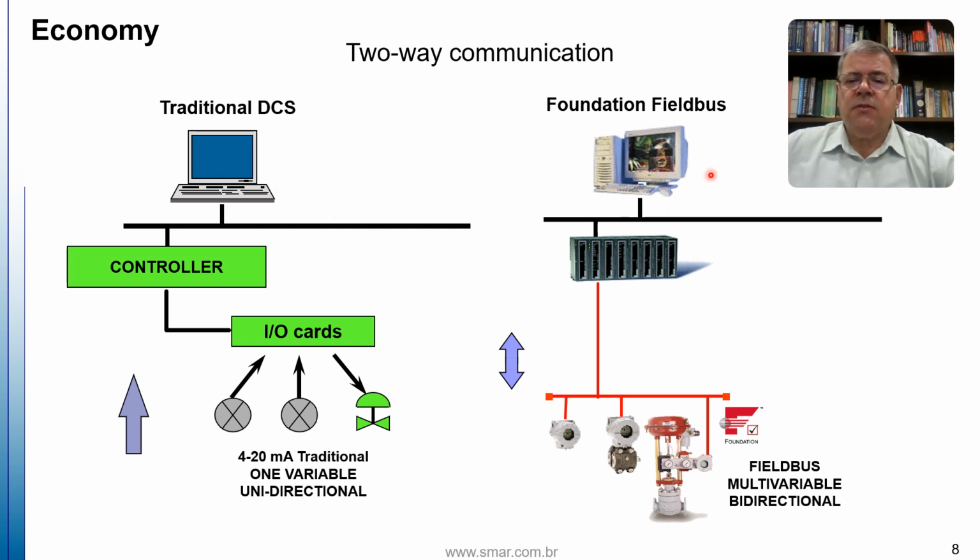Once again, in Foundation Fieldbus systems, there is a completely digital signal that transmits and receives. This is a key differentiator through one channel with a pair of cables, supporting up to 16 devices. These are the big differences, one of the important differences.